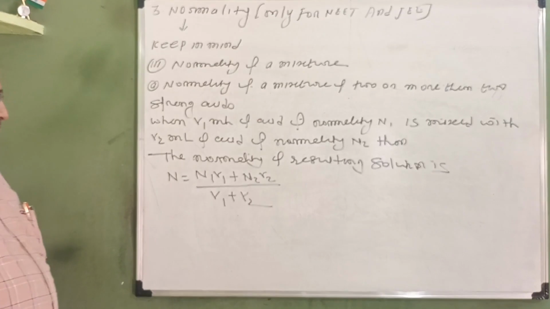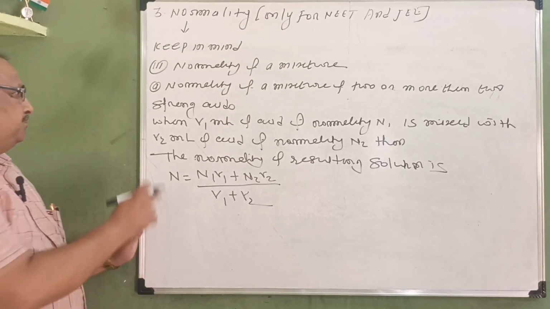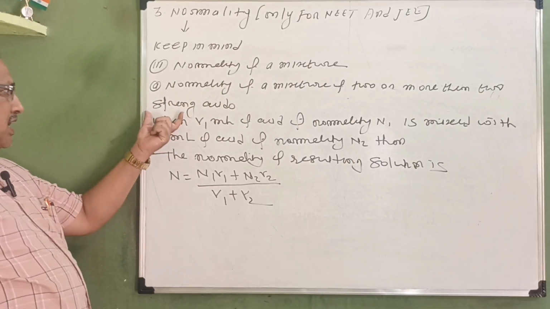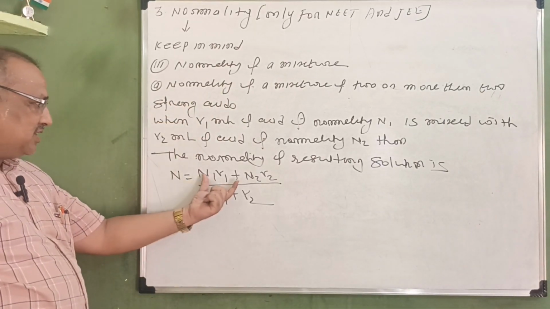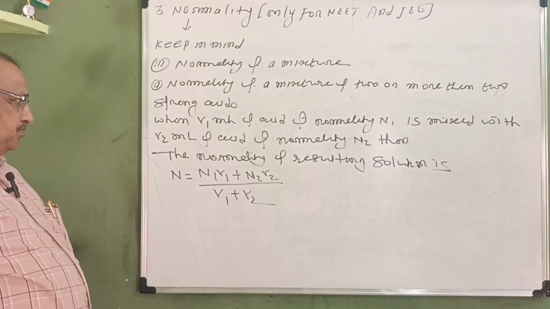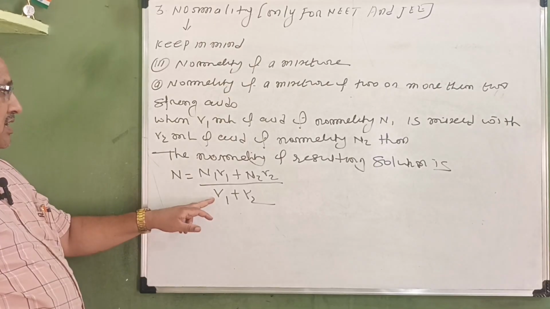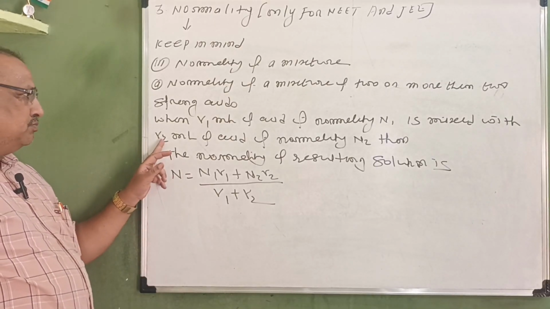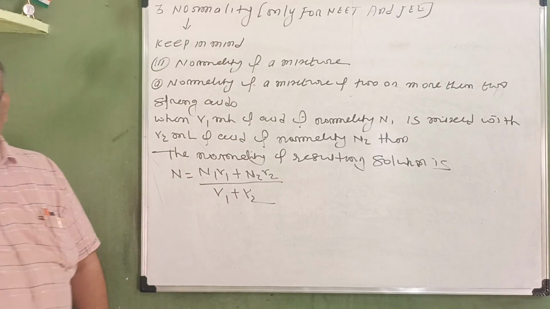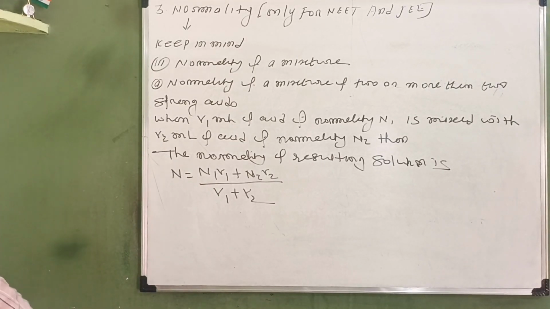Now here keep in mind, a mixture of two or more than two strong acids is there. So add the terms N1V1 plus N2V2, and in the denominator add the volumes of the two acids, that is V1 plus V2.